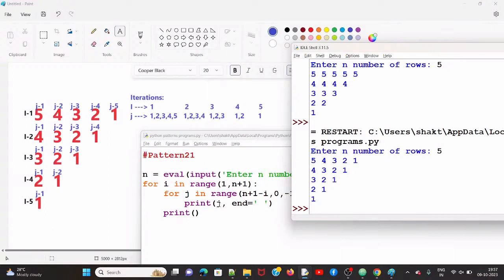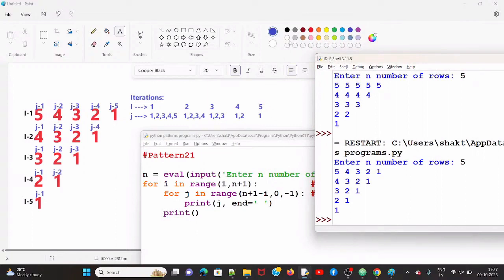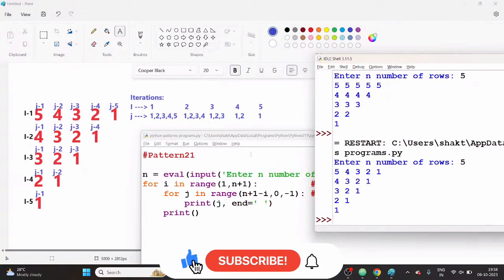All of you guys let me know, is everybody clear on this one? Okay, right. So that's fine, guys.